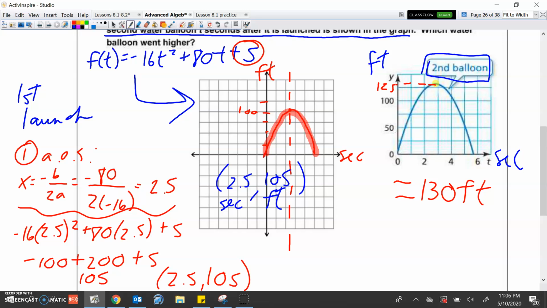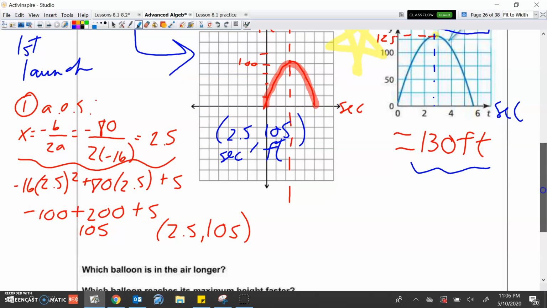For this one, it appears that a little bit later than 2.5 seconds, my water balloon is definitely higher than 105 feet. That would be there. So the answer to the question, which water balloon went higher, is the second water balloon, the second launch.